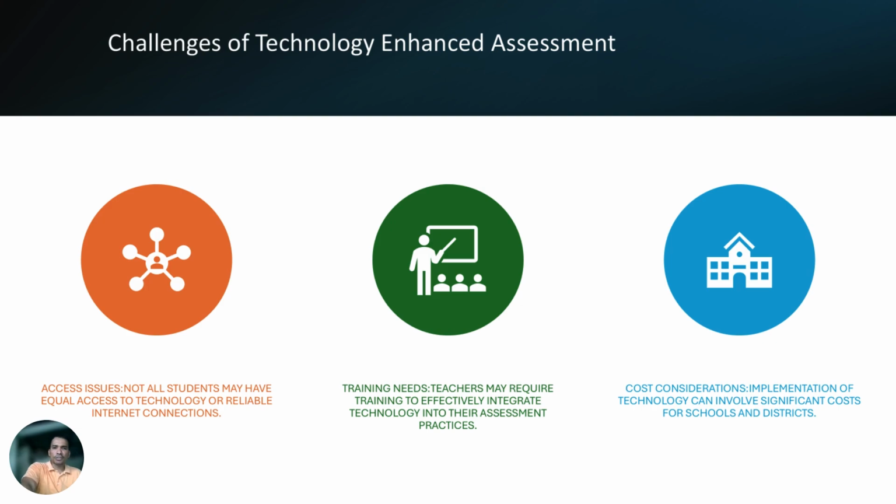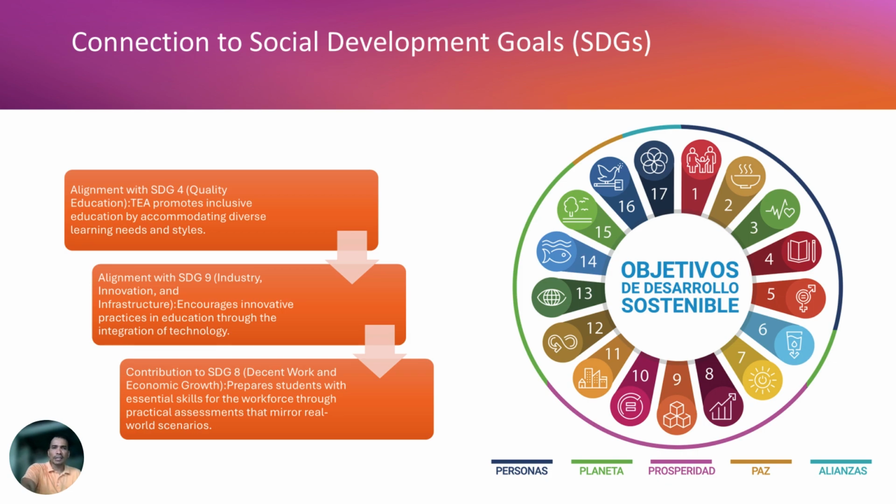Now let's change the slide and have a look at the connections between the TEA trend and the Social Development Goals, or SDGs. The TEA aligns with SDG 4, obviously, because the quality of education is going to be improved, and the TEA promotes inclusive education by accommodating diverse learning needs and styles.